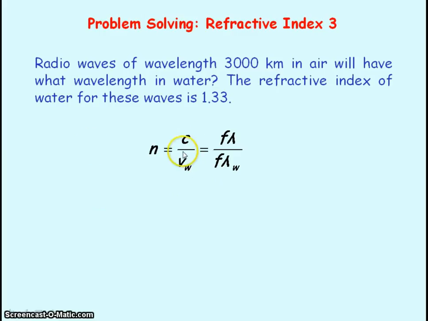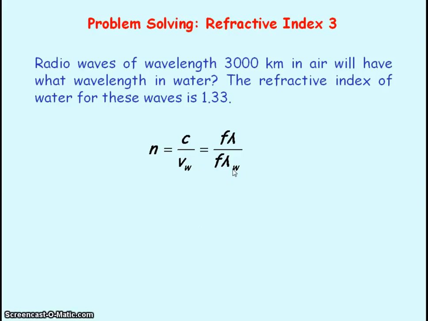So the speed of radio waves in free space will approximately equal the speed of radio waves in air, and speed is equal to the frequency multiplied by the wavelength, where in this case the wavelength will be the wavelength of the radio waves in air, and the speed of the radio waves in water will equal the frequency multiplied by the wavelength in water.